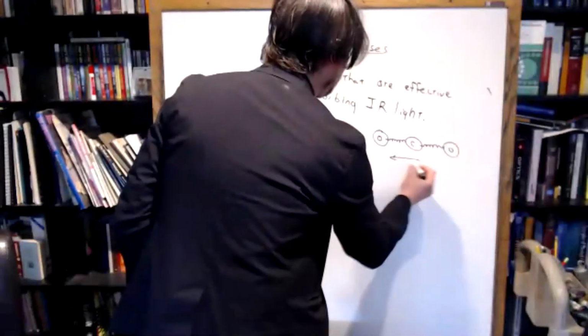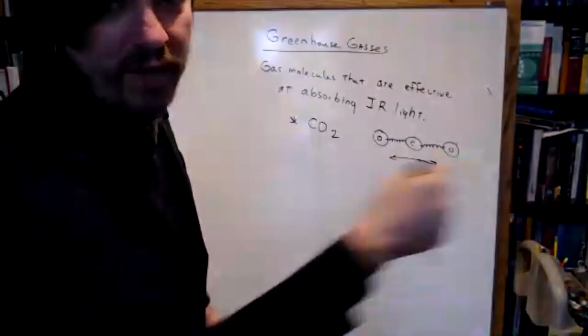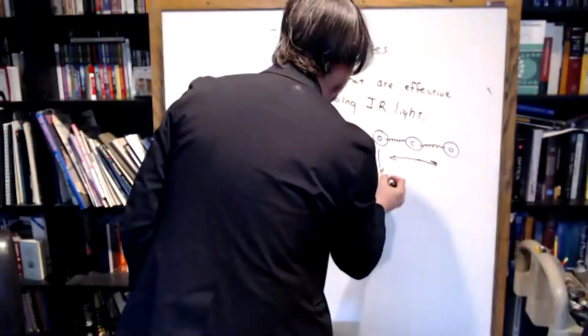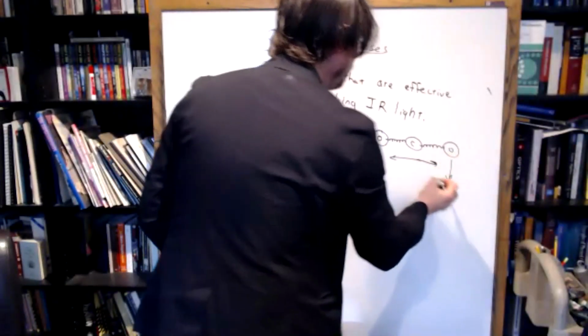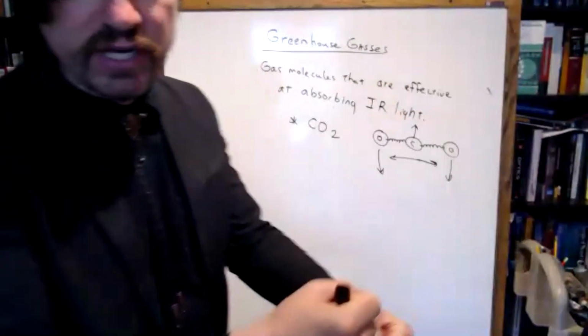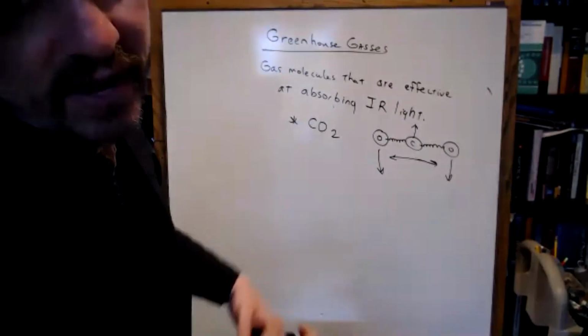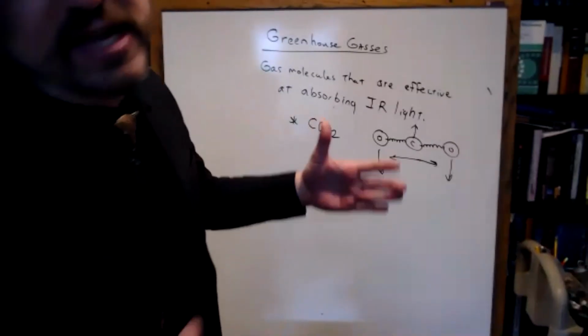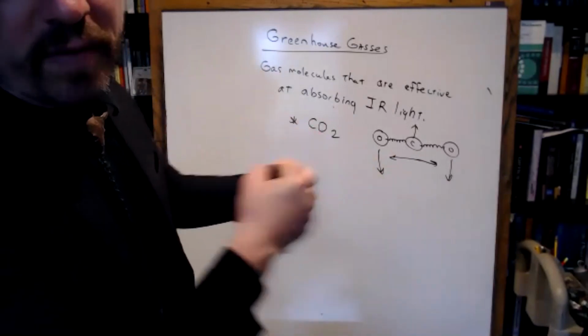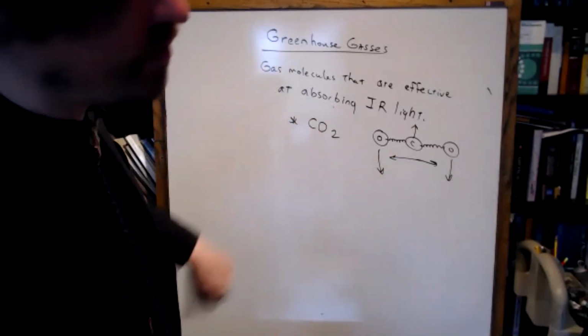The carbon can ping pong back and forth between the 2 oxygens. They also have bendy modes, where the oxygens and the carbon can kind of seesaw with each other. The oxygens can vibrate. Every time you hit one of these things with an infrared photon, the infrared photon gets absorbed and the molecules get some internal energy and bounce around.